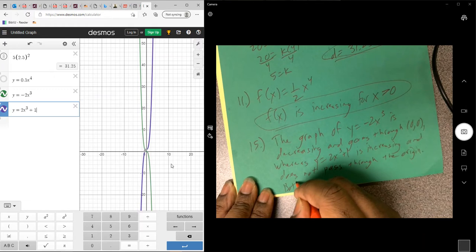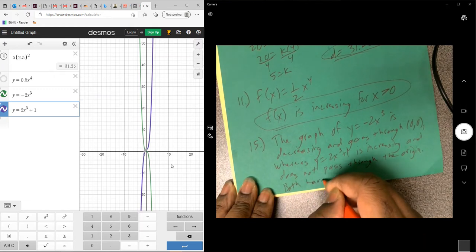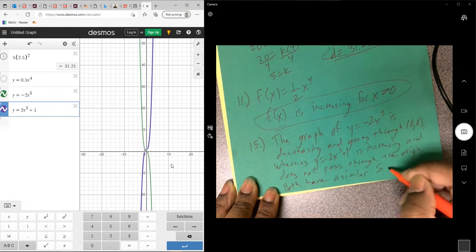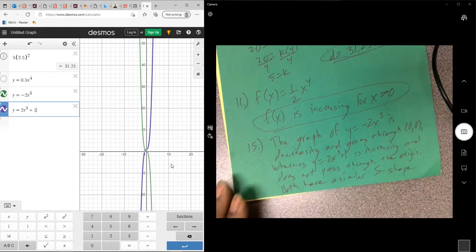And both have a similar S shape. And that's basically it for problem number 15.